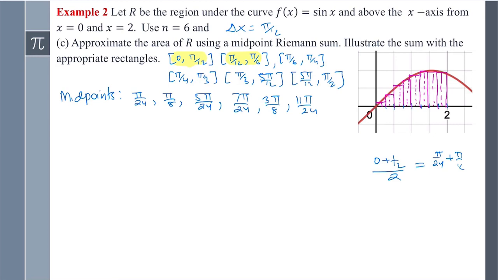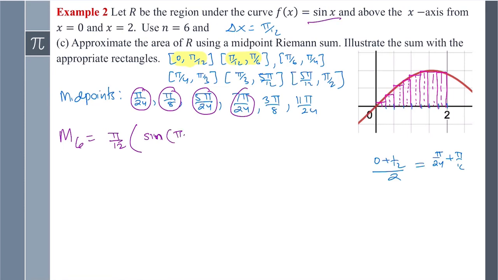Okay, so now the midpoint Riemann sum with 6 divisions is given by delta x, which is pi over 12, times the height at this point. The function sine gives us the height.